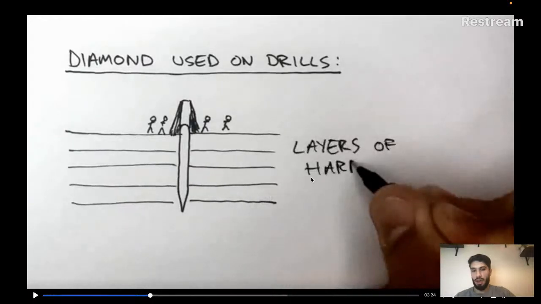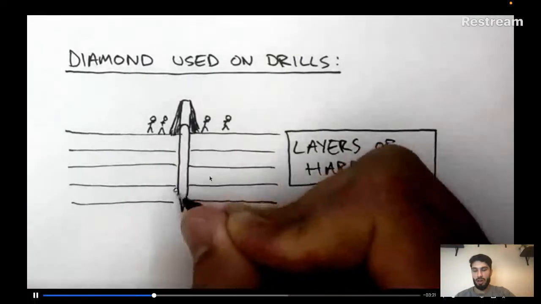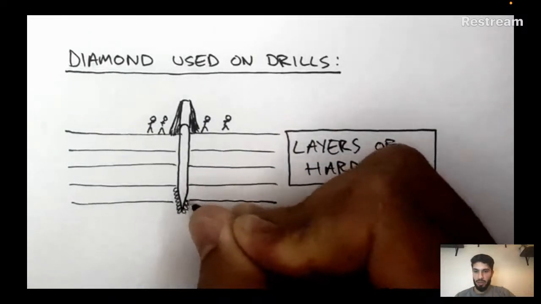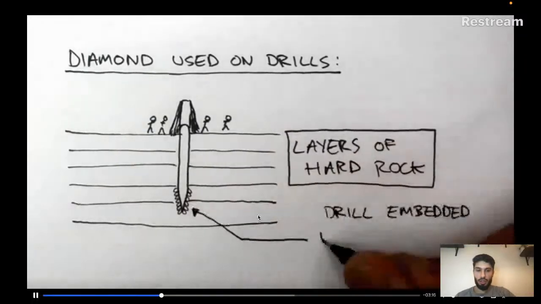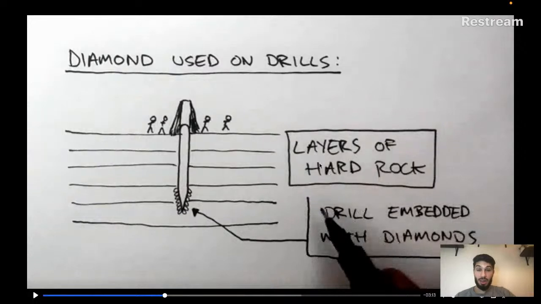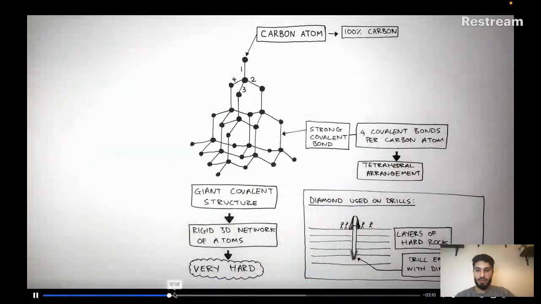Now, to stop that from happening, because the layers of hard rock are so difficult to drill through, we can embed the drill with small pieces of diamond. The diamond is harder than any rock there is, which helps the drill to cut into the Earth's crust.